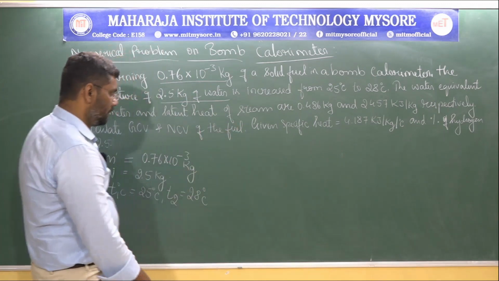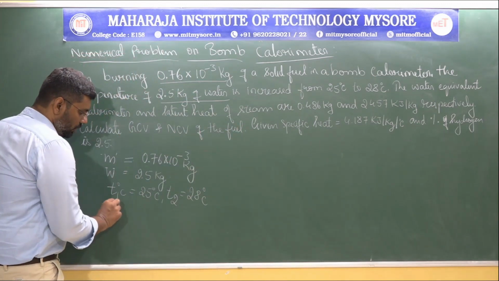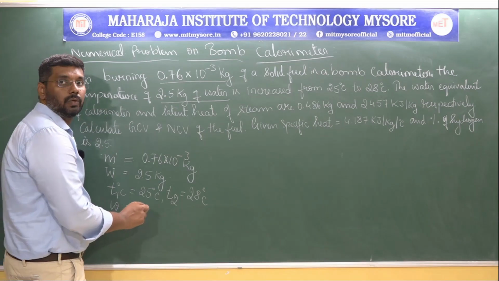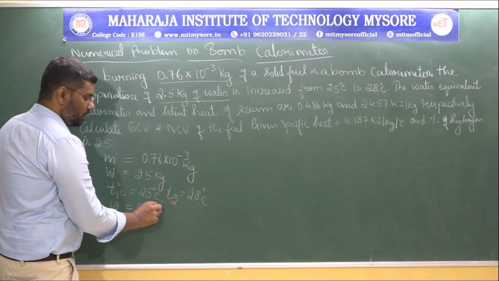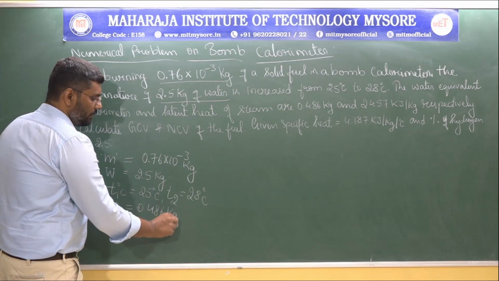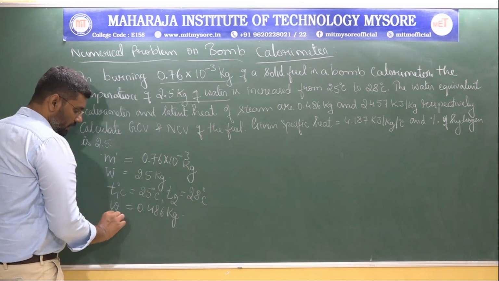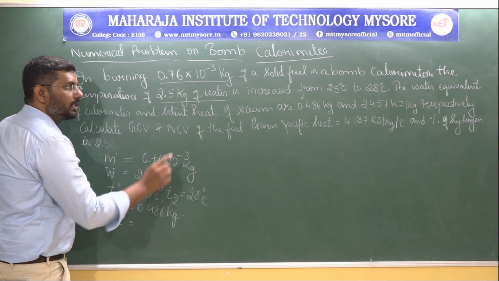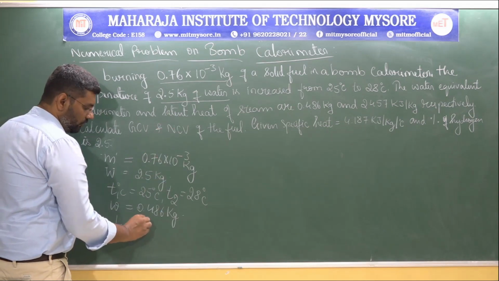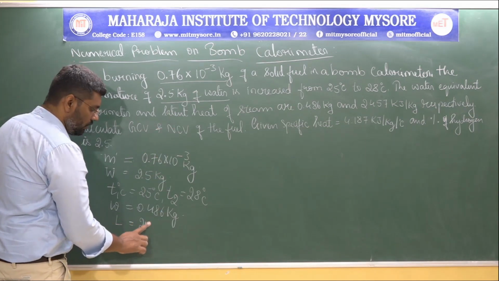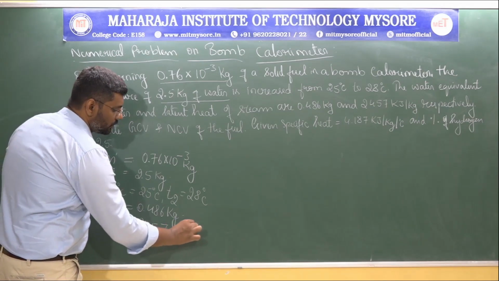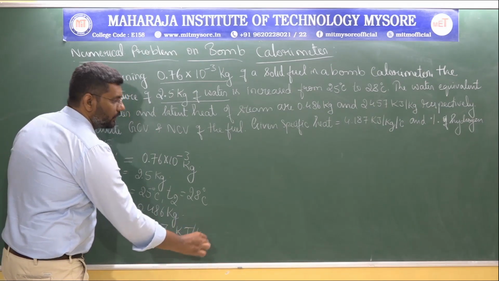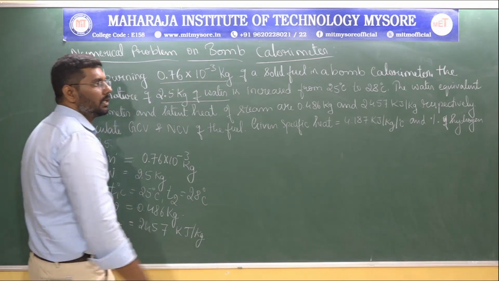So he has given small w, the water equivalent mass, which is 0.486 kilogram, and latent heat of steam, which is 2457 kilojoules per kg.